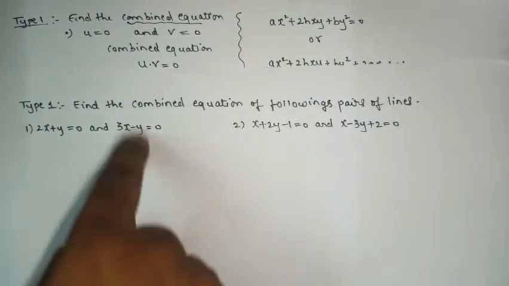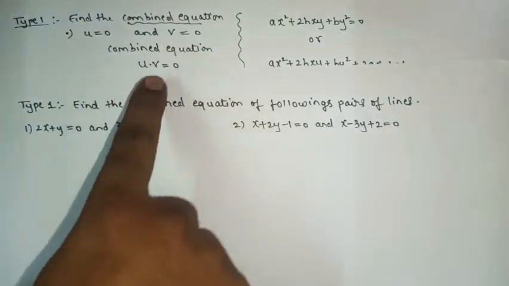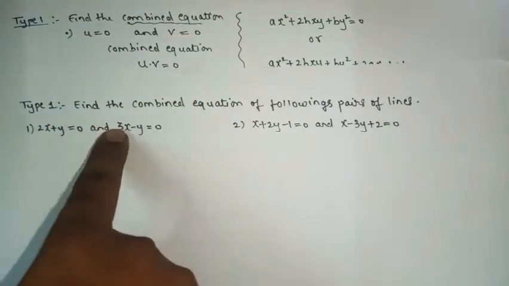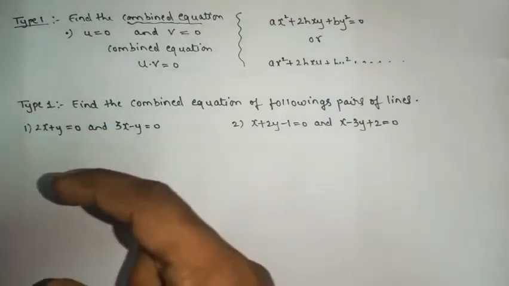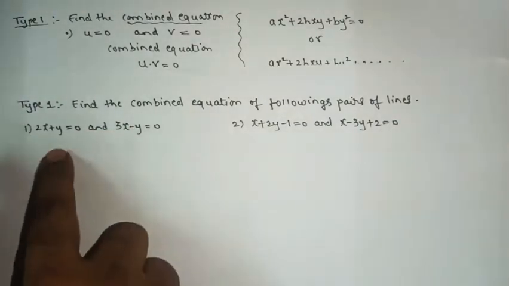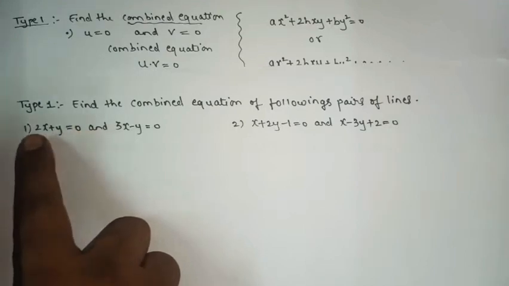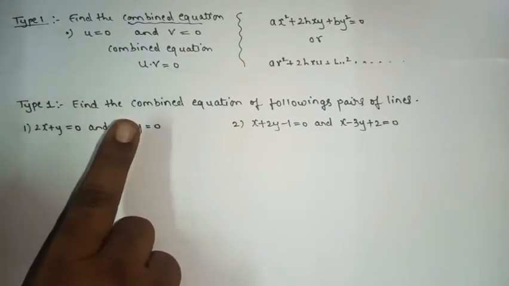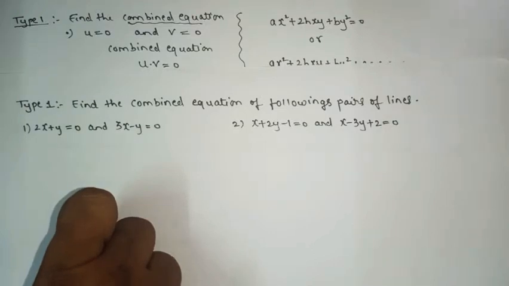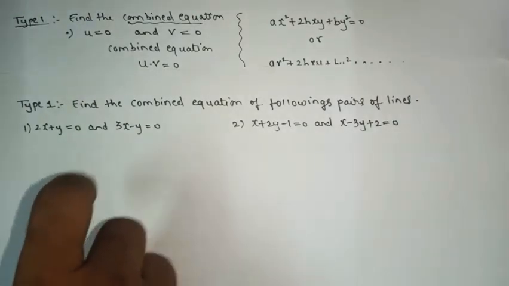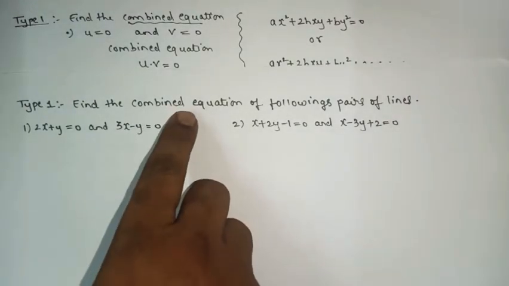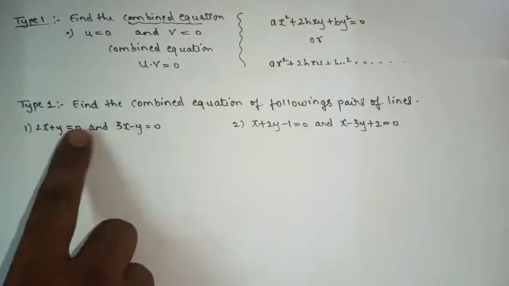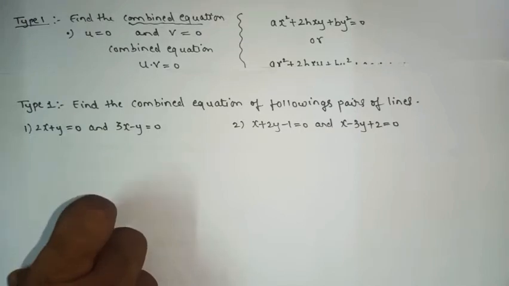Whenever you have to find the combined equation, you simply multiply u and v, these two equations. When you multiply these two linear equations and open the brackets, you will get 2x, 3x, and x square. Got the point? So exactly what we are doing here is, if you want to find the combined equation, we multiply these two linear equations.